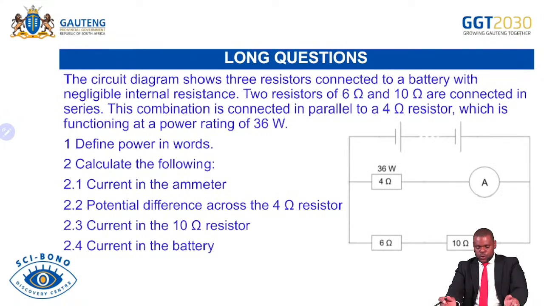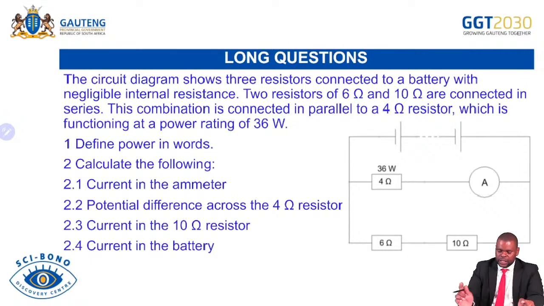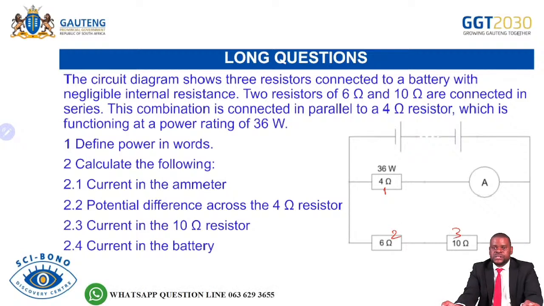Okay, we're coming to long questions. The circuit diagram shows 3 resistors connected to a battery. This is the first resistor, the second, the third. They said 3 resistors connected to a battery with negligible internal resistance. 2 resistors of 2 and 10 ohm are connected in series.